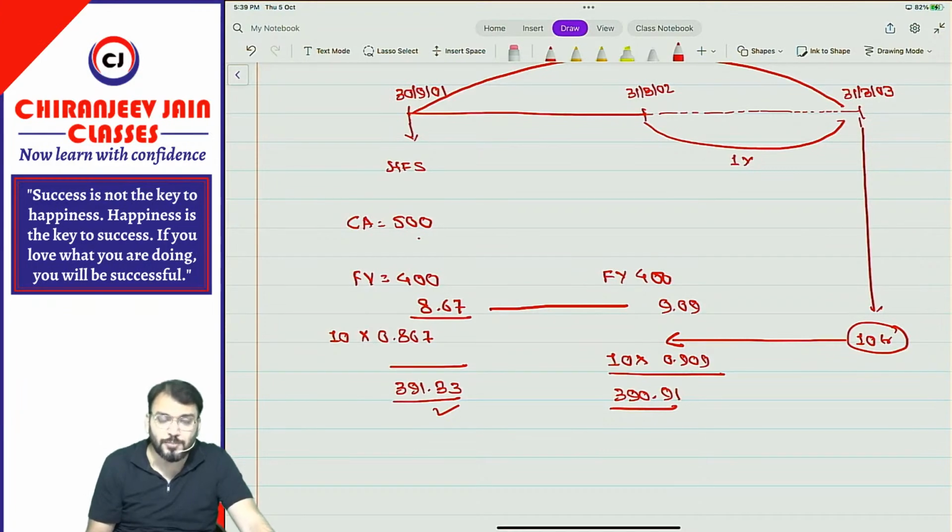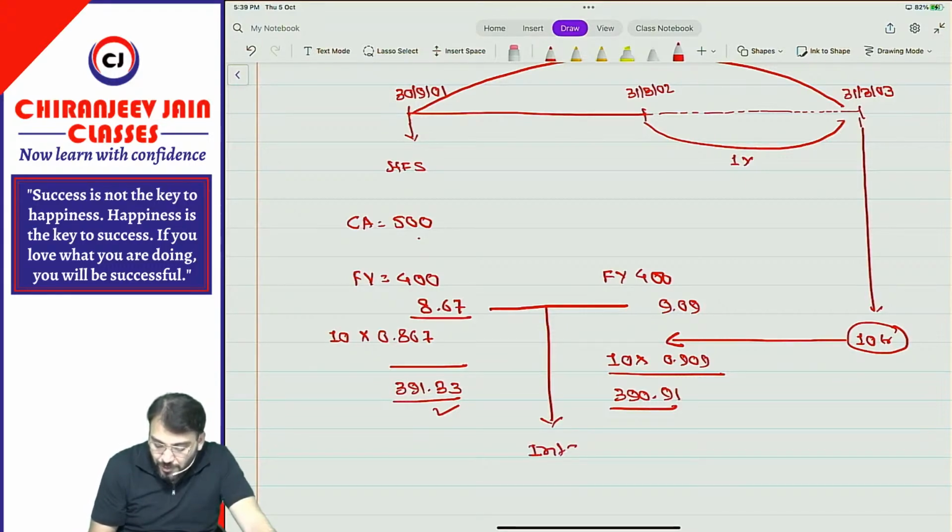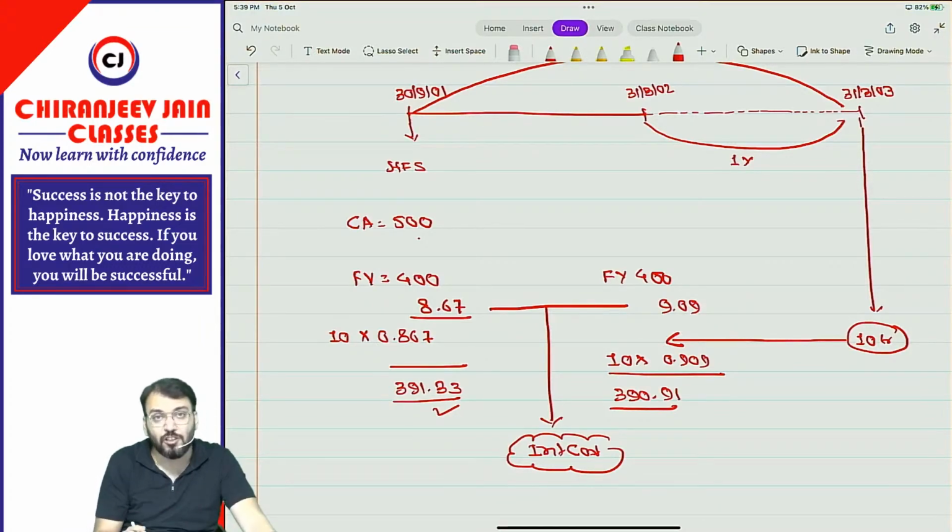So what Ind AS 105 says is that if discounting has been used to calculate the cost to sale, that is, if the present value technique has been used, any increase in the cost to sale will be considered as interest cost. So whatever the difference between 391.33 and 390.91 is because of the cost to sale only. So this will be recognized as finance cost in SOPL.